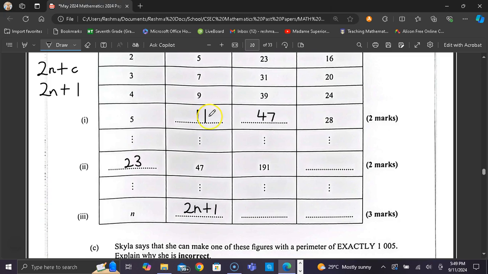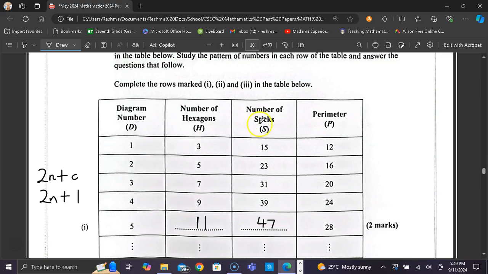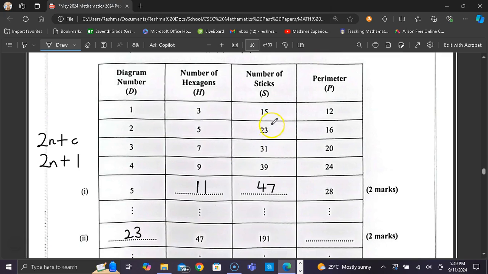Let's do the same for the number of sticks. The number of sticks was increasing by 8. So therefore, most likely it's in the form 8n plus c. Let's figure out what c is.